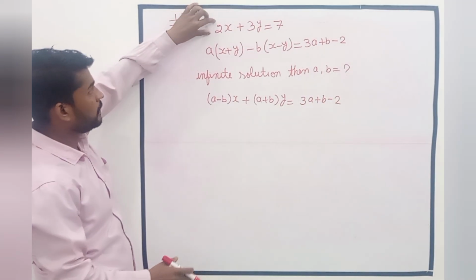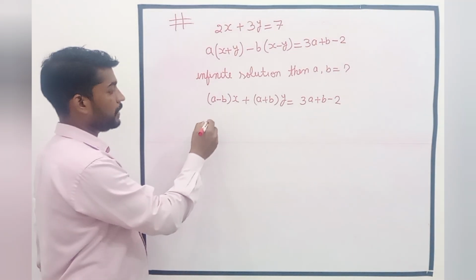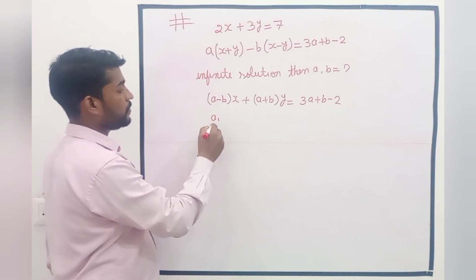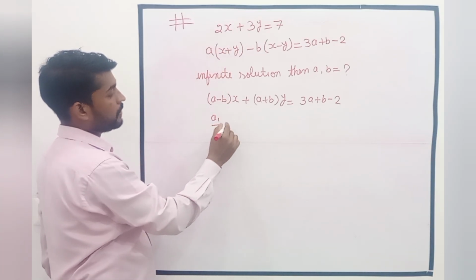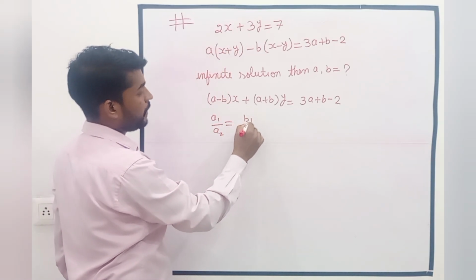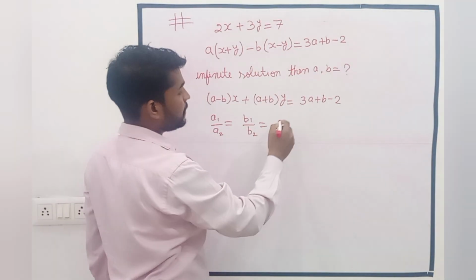And these equations have infinite solutions. Then we use the concept of infinite solutions in linear equations: the coefficients of x are the same, the coefficients of y are the same, and the constant term is also the same.